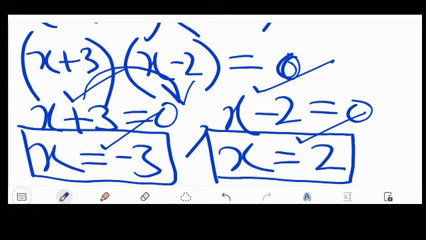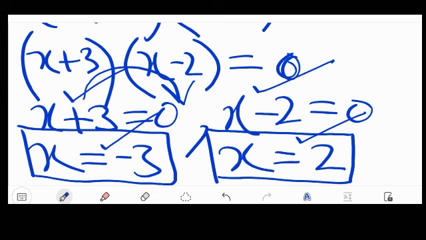Now at the end I just conclude, whenever these two values are put one by one instead of x, the equation will be satisfied. Whatever result comes from the left side, the same result will be available on the right side. So if instead of x we put x is equal to minus 3 and solve, left and right will both have the same value.